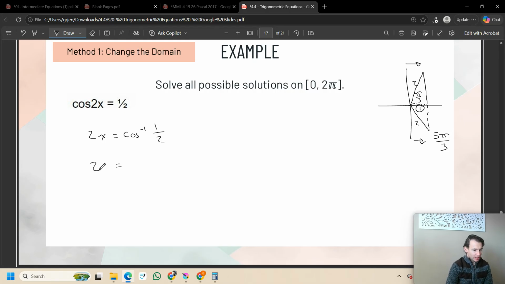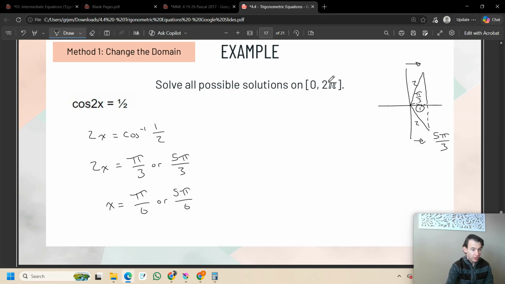So that is to say 2x equals pi by 3 or 5 pi by 3. So then we just divide both sides by 2, right? We just have x is equal to pi on 6 or 5 pi on 6. Just divide both sides by 2, right?